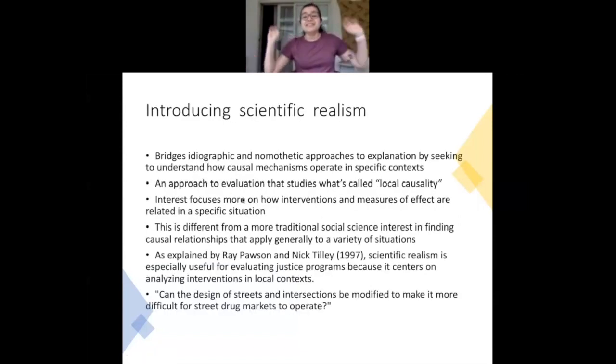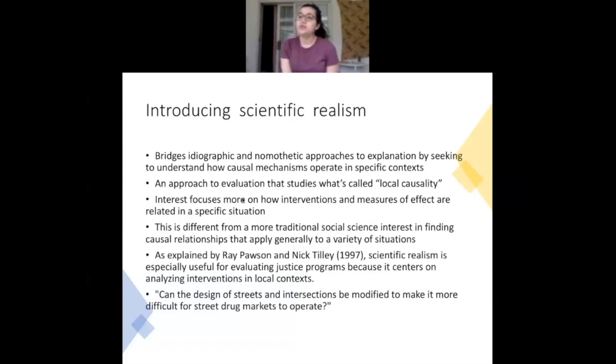And so there's this idea of scientific realism, because there's always this perennial debate. And perennial means like it happens every year. People get into arguments about whether or not you can say something is causal if you haven't done quantitative methods, if you haven't done an experiment. And so there's sort of these two camps of people.